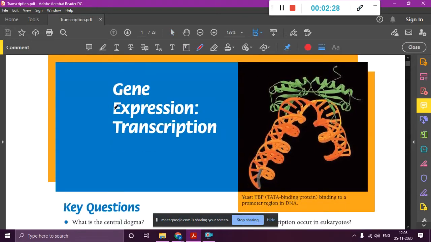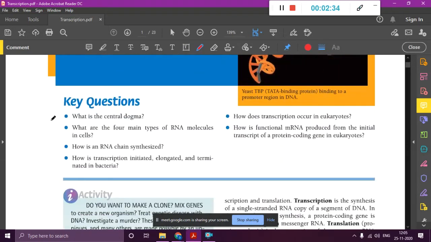So the process of transcription. The key question is, what is the central dogma which I explained right now? What are the four main types of RNA molecules in the cell, and how is an RNA chain synthesized? And how is transcription initiated, elongated and terminated in bacteria?